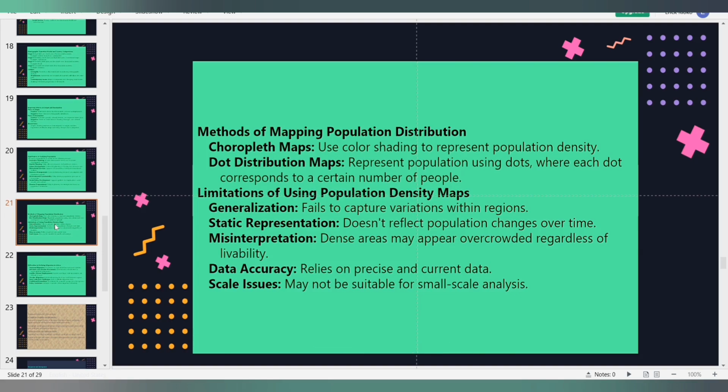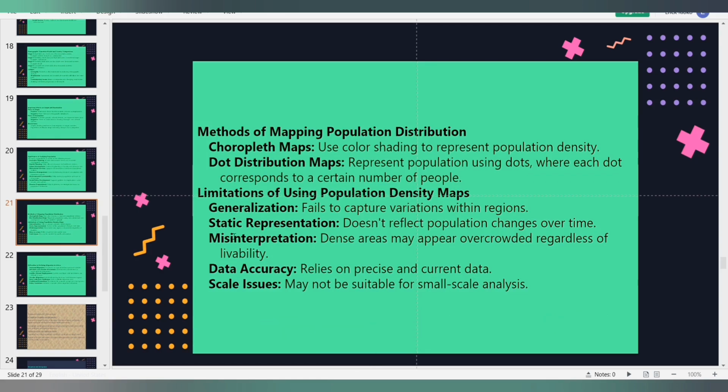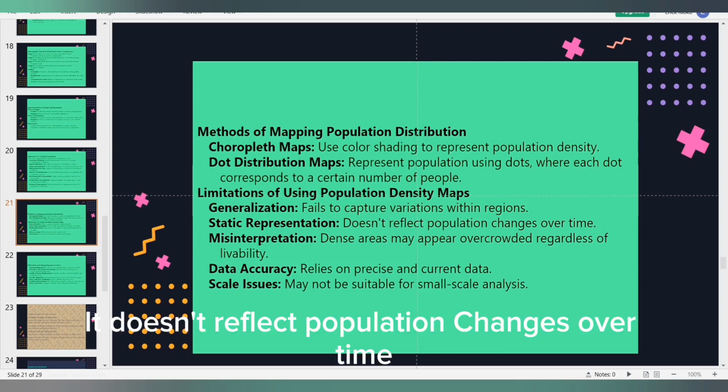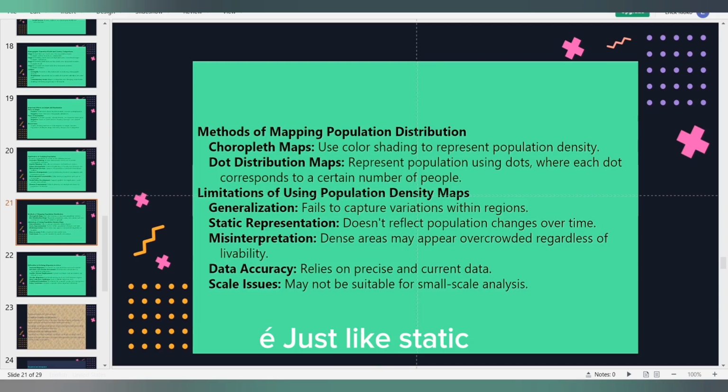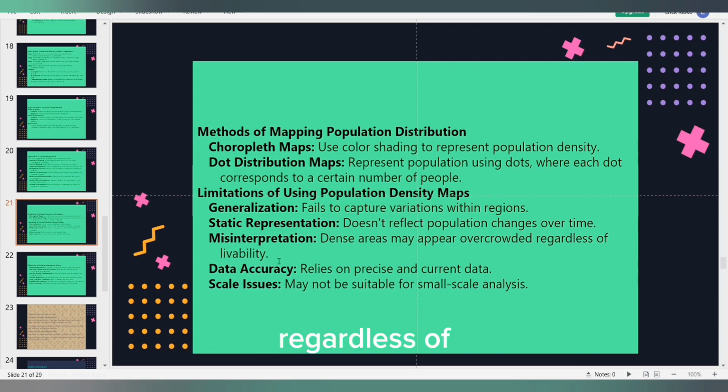Limitations of population density maps: generalization, it fails to capture variation within the region. Static representation, it doesn't reflect population changes over time. Misinterpretation, dense areas may appear overcrowded regardless of livability.